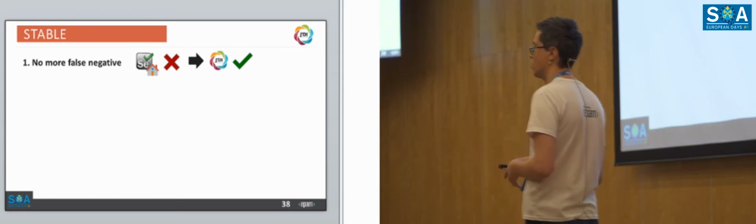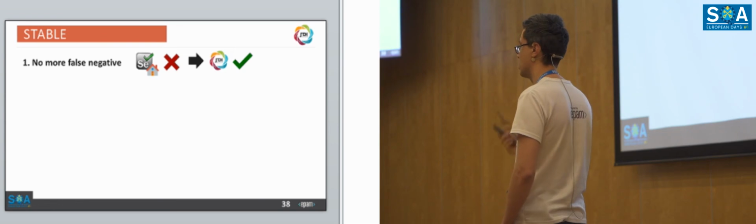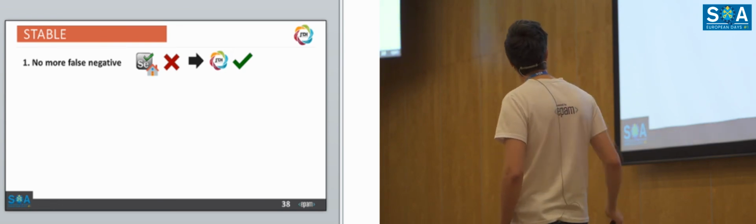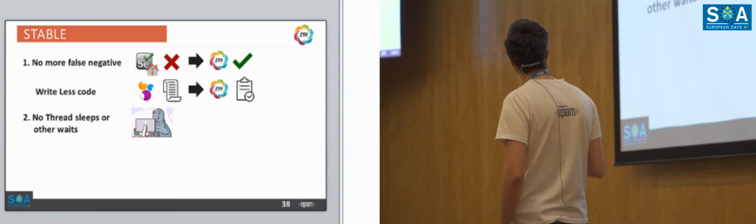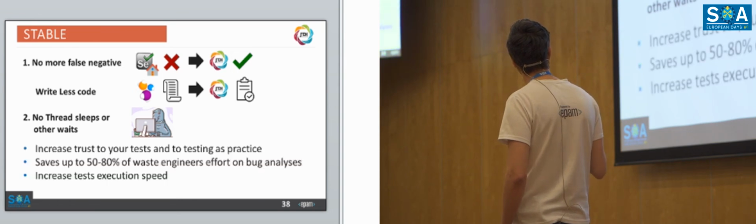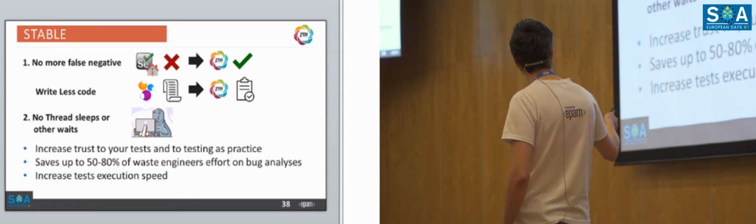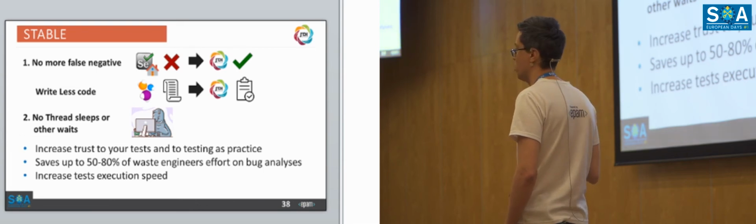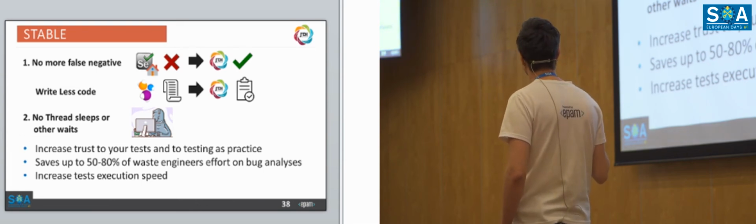It's really reducing the amount of waits, no stale element exceptions, no not found exceptions, and all this stuff. It helps to write less code and to remove these thread sleeps. So on average, it saves more than half the time for maintaining your test execution results.